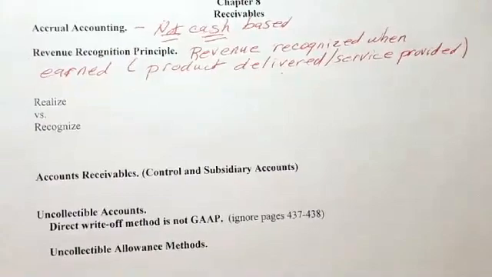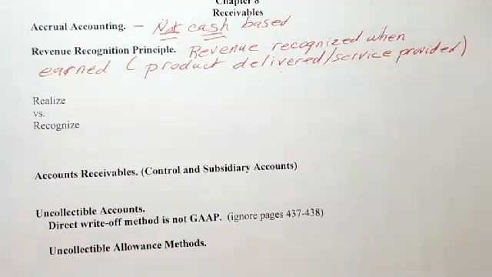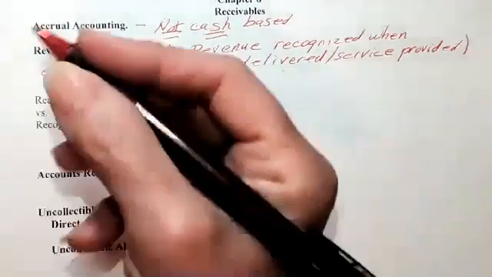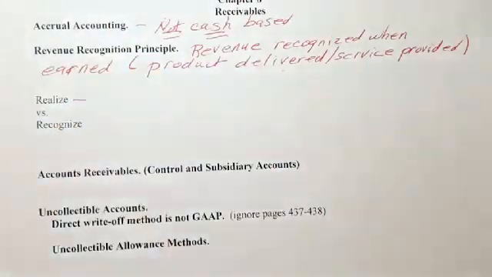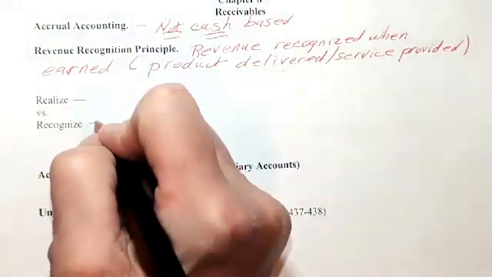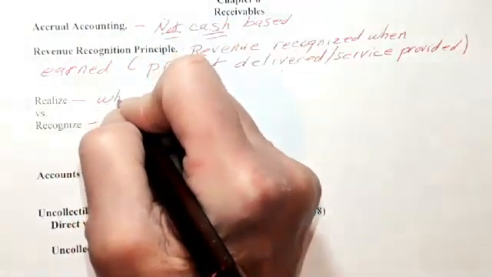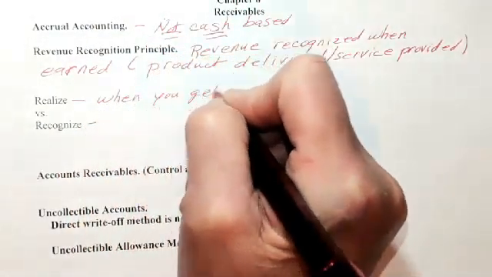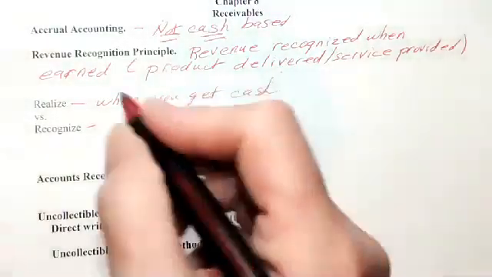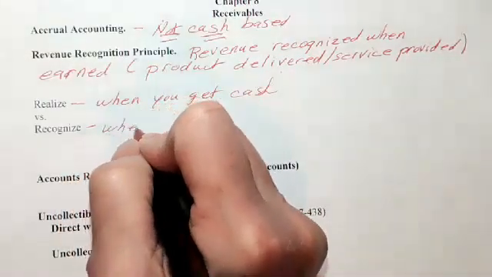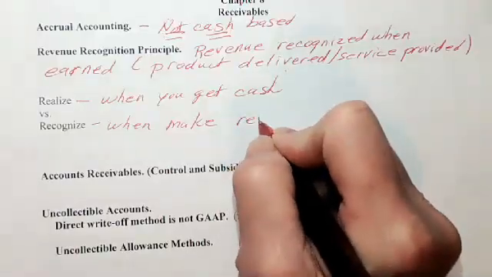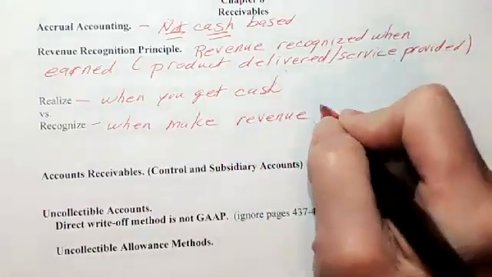Two words that sound the same but have very different meanings in accounting is we can realize a sale and we can recognize a sale. Realize is when you get the cash, and recognize is when you make the journal entry, revenue journal entry.